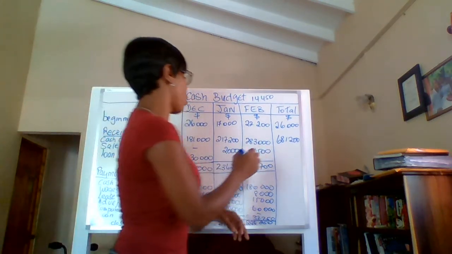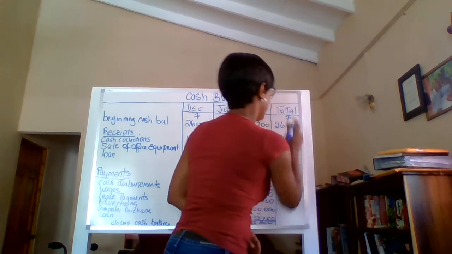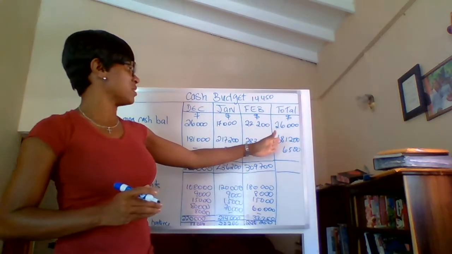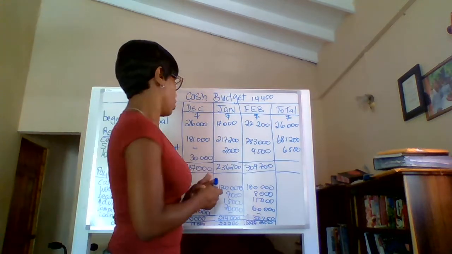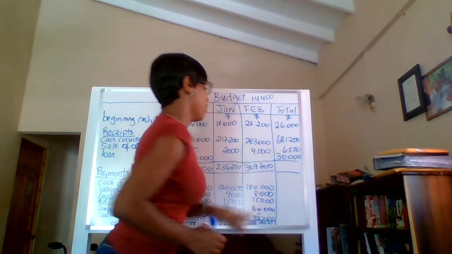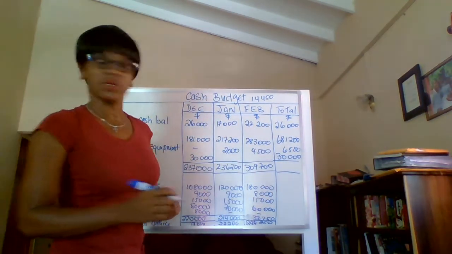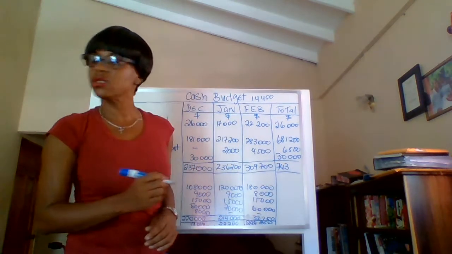We add the sale of the office equipment to get $6,500. And if you add down 26,000 plus 681,200 plus 6,500, and the 30,000 loan, forgot about this one, 30,000 loan brings us to a total receipts for the period of $743,700.